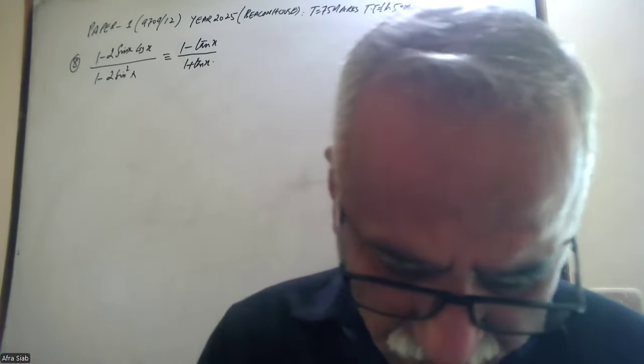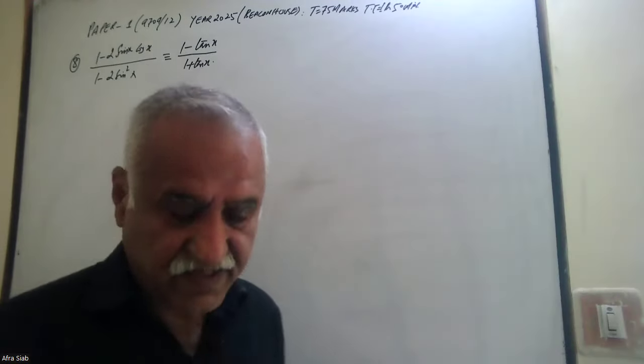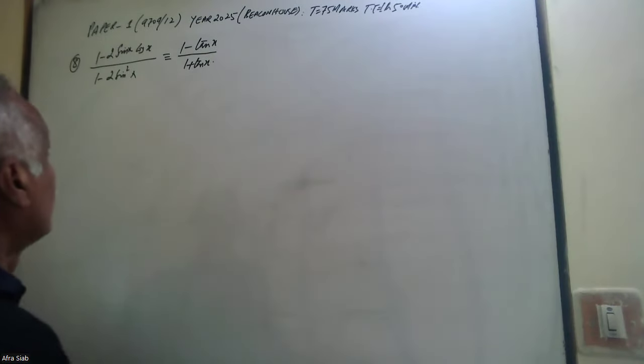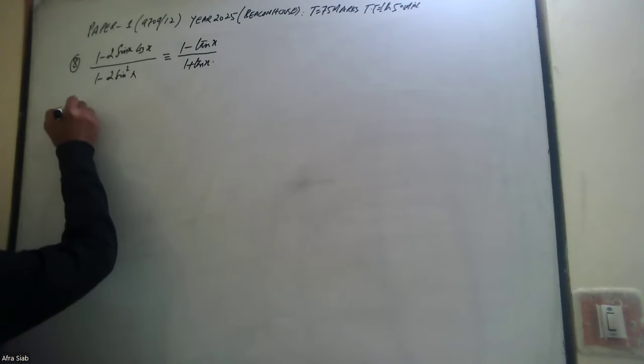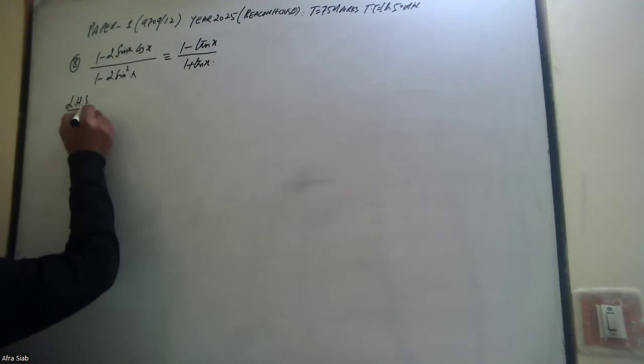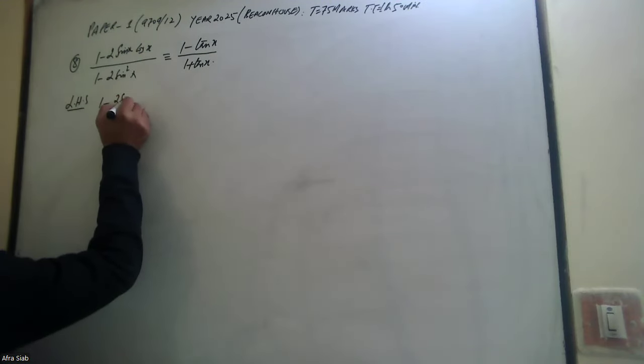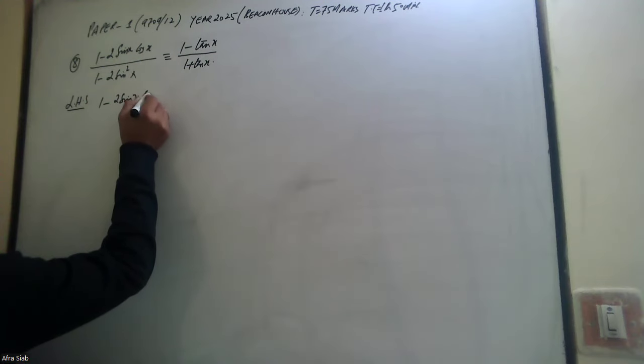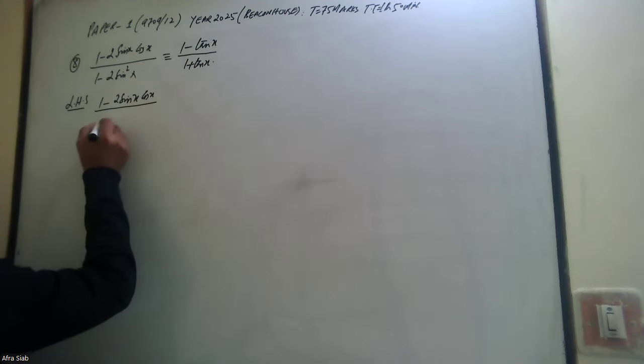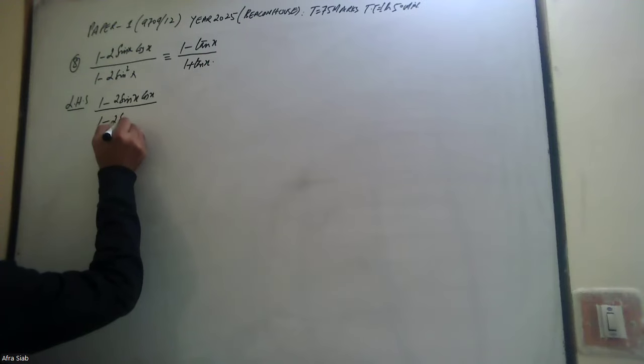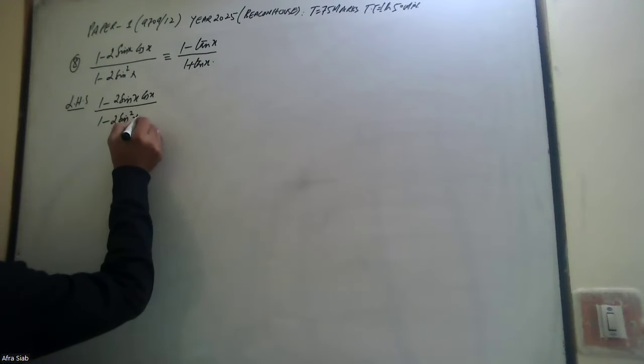Now you have to prove this question number 8 by identities. 1 minus 2 sine x cos x over 1 minus 2 sine square x is equal to 1 minus tangent x over 1 plus tan x. We are going to take the left hand side, that is 1 minus 2 sine x into cos of x over 1 minus 2 sine square of x.